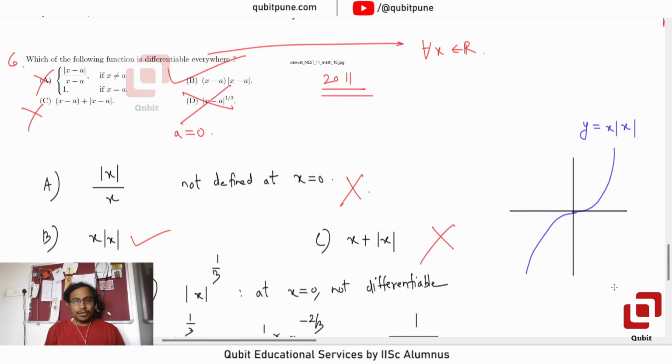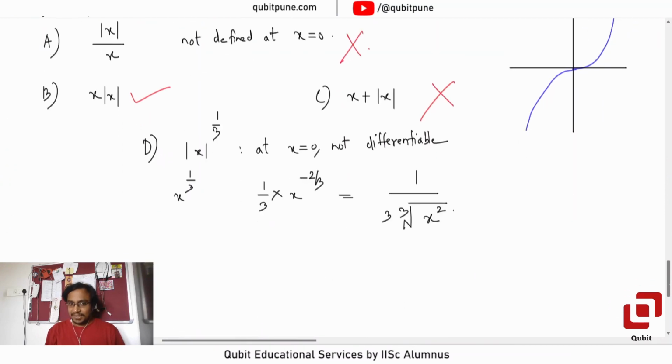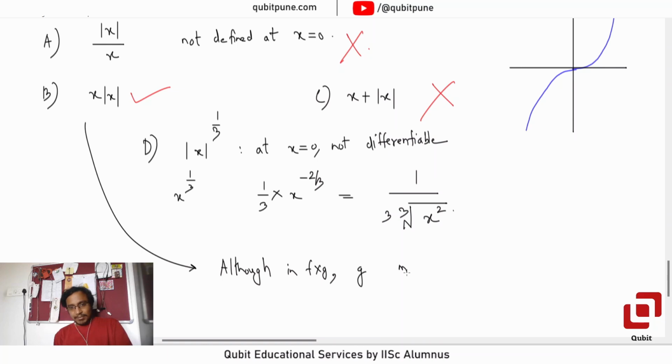So the option is x mod x, and that also tells you something. What does it tell you? In f into g, even if g is not differentiable, f into g may be differentiable.